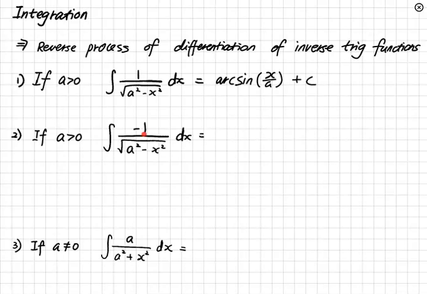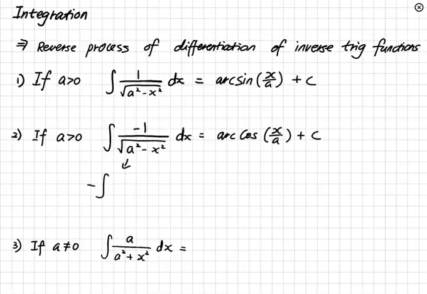Now second one, the top has negative. We know that the differentiation of the arc cosine will give us this whole format here. So therefore when we integrate it, that will give us arc cos of x on a plus c. Now there's another way to write this integration. We can take this negative out.